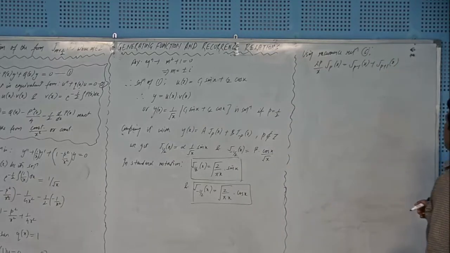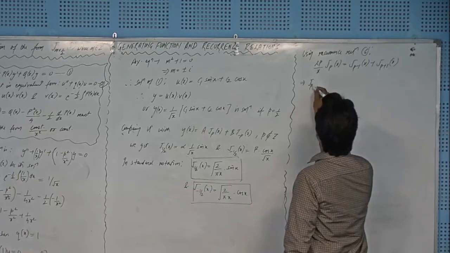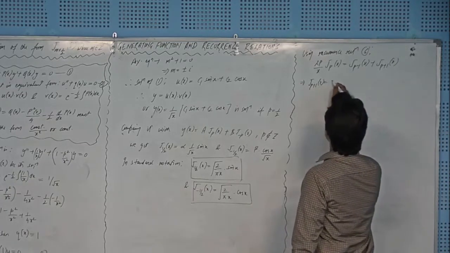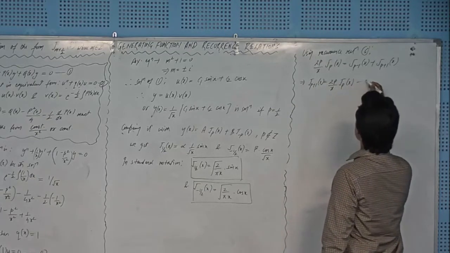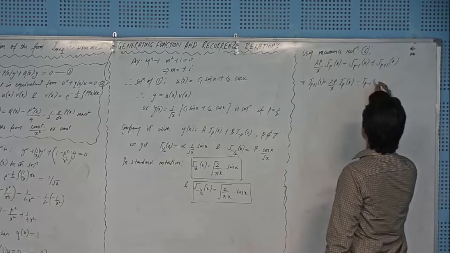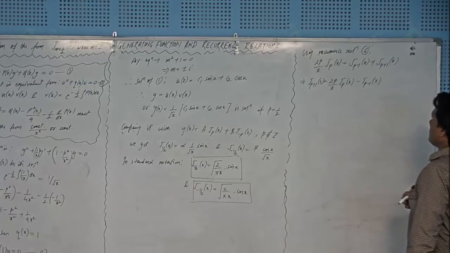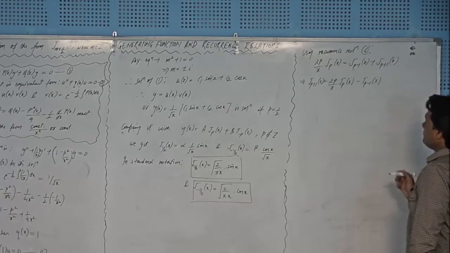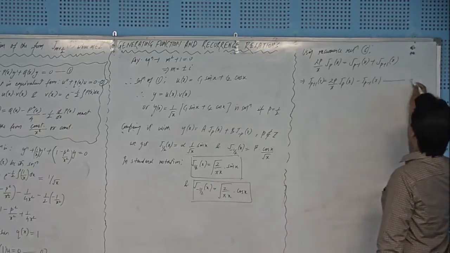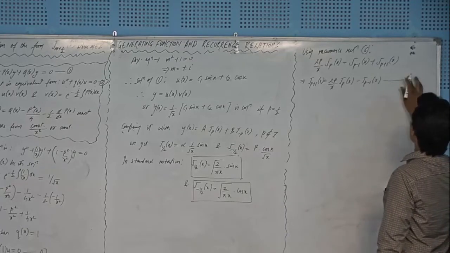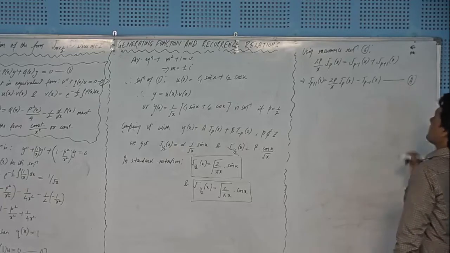And if from here I obtain the value of J_{p+1}(x), that will be of the type (2p/x) J_p(x) minus J_{p-1}(x), right? I will call this equation number 1, or capital A, right?